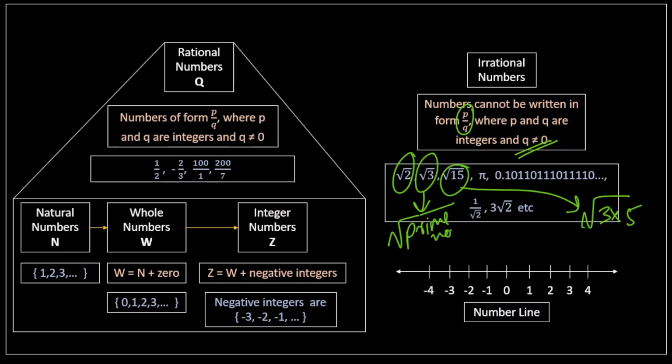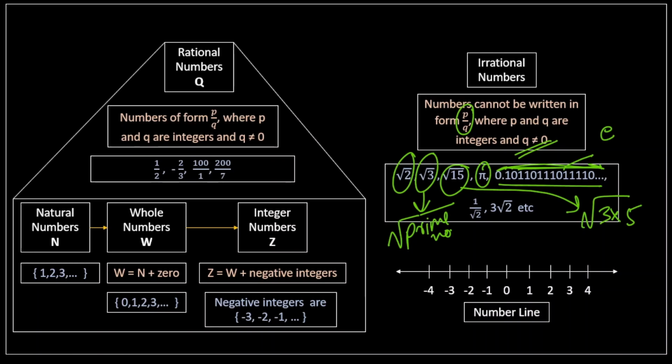And any number which is non-terminating and non-repeating, where we cannot find any pattern which is repeating again and again, is an example of an irrational number. Pi is a very classic example of an irrational number. Similarly, there is e, which is also an example of an irrational number.